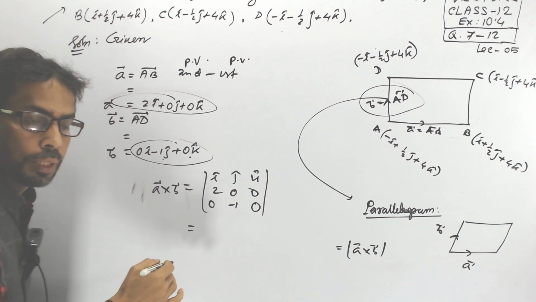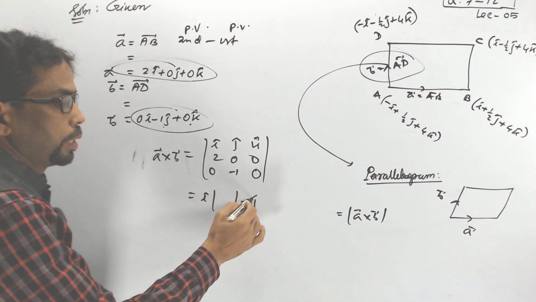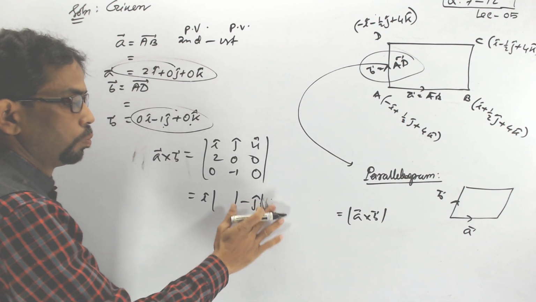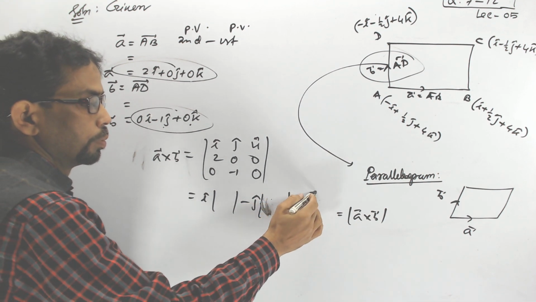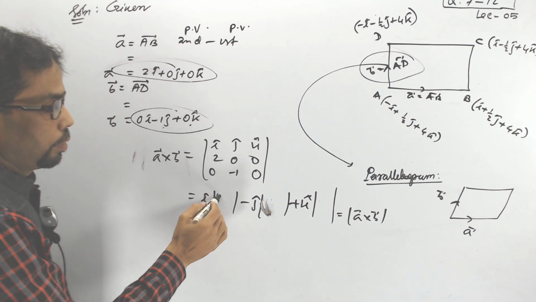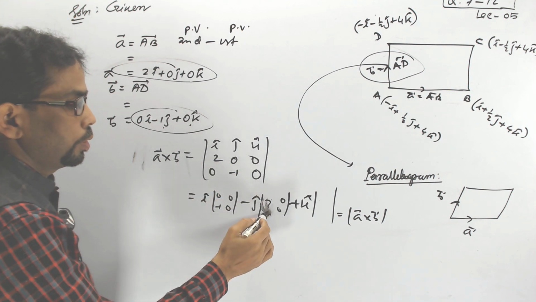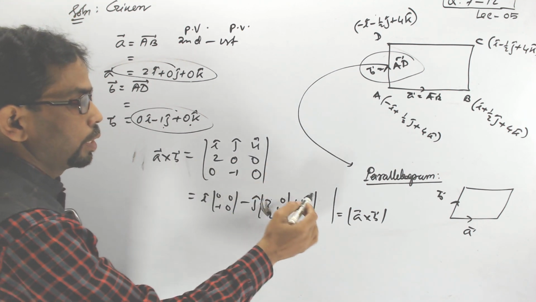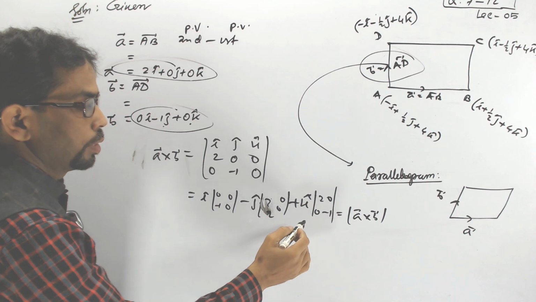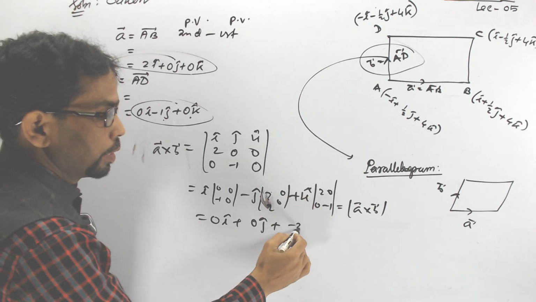Now we expand the determinant: i into, minus j into, plus k into. The coefficient of i is going to be 0, for j also 0. Only for the coefficient of k we have 2 times minus 1 minus 0, so this is 0i, 0j, and minus 2k.